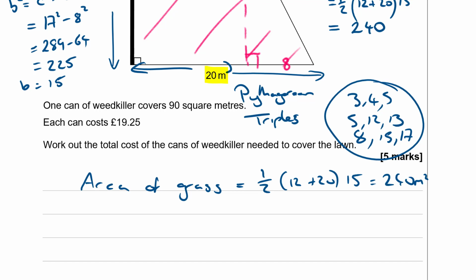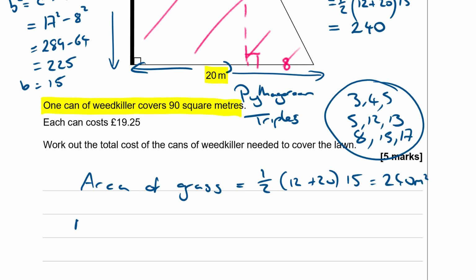Now, 1 can of weed killer covers 90 square meters. We need to use this piece of information next. We've got 240 square meters to treat, so we are going to need 90, 180, 270. We're going to need 3 cans. You can't buy fractional cans from the shop, and they tend to complain. So you need to buy 3 cans.